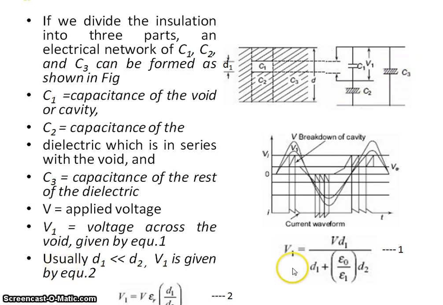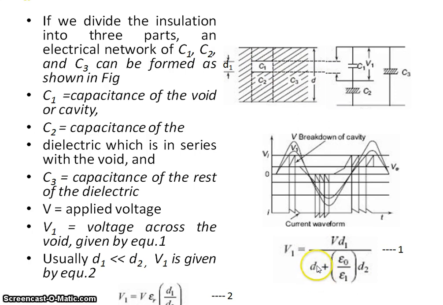Now as we know, the equation for V1 is given by V, the applied voltage, times D1 upon D1 plus epsilon 0 epsilon r D2. This is the series voltage, known as the voltage division theory. Now usually this D1 is always very much less than D2. You can see in this figure also, the D1 value is very small as compared to D. So we can neglect D1 here.